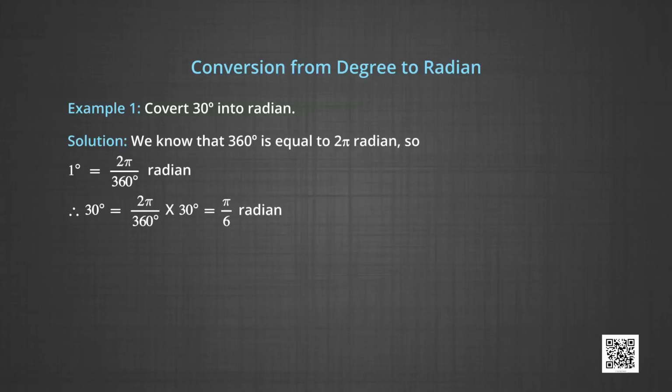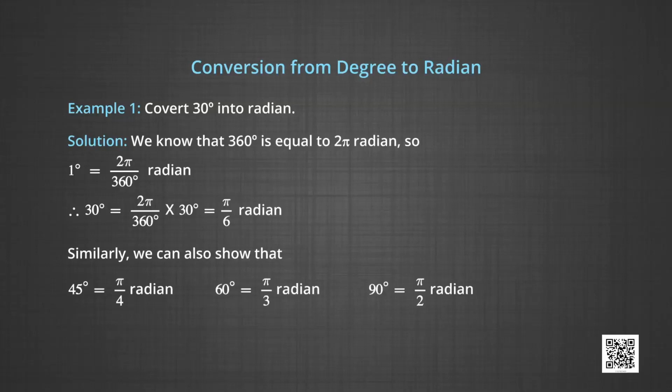On cancellation, we get 30 degrees is equal to pi by 6 radians. Similarly, we can also show that 45 degrees is equal to pi by 4 radian, 60 degrees is equal to pi by 3 radian, and 90 degrees is equal to pi by 2 radian.